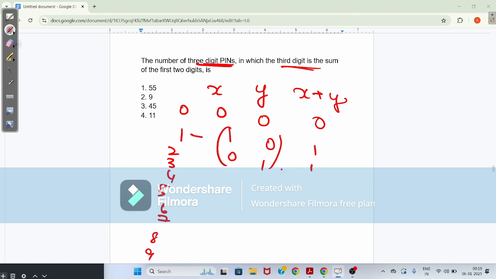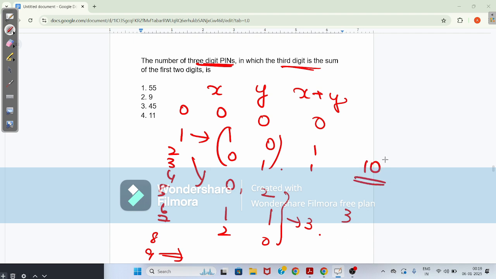When you apply 1 you will get 2 possibilities. Now when you consider 2, what will you get? 0 2, 1 1, 2 0. You get 3 possibilities here. Similarly, when you consider all the 9 numbers, you will get 10 possibilities.